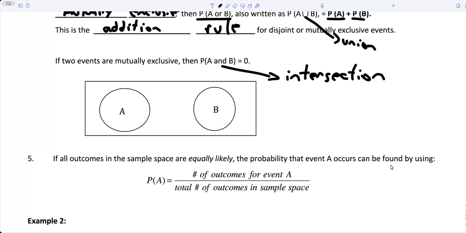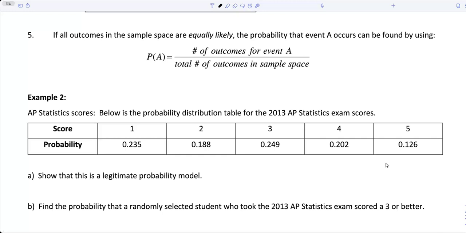Well, stand up for me. We have the results of the 2013 AP Stats exam. So we have the scores 1, 2, 3, 4, and 5, and we have the probabilities associated with those scores. These are roughly the same every year.